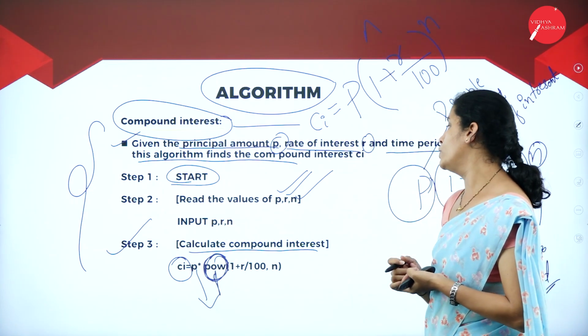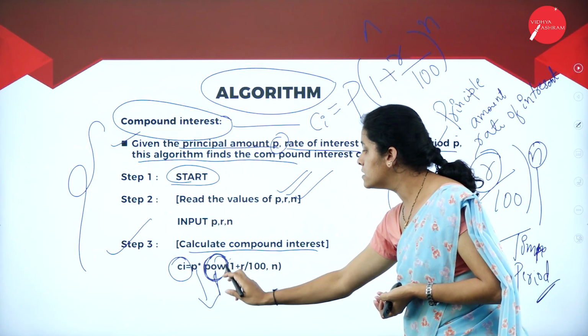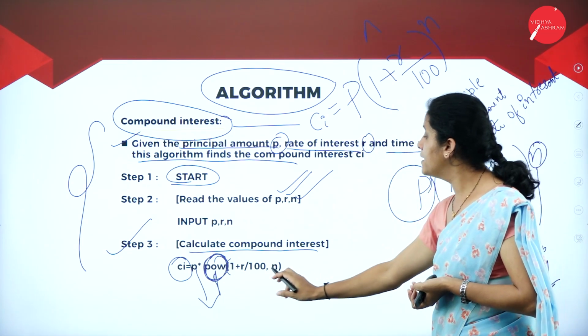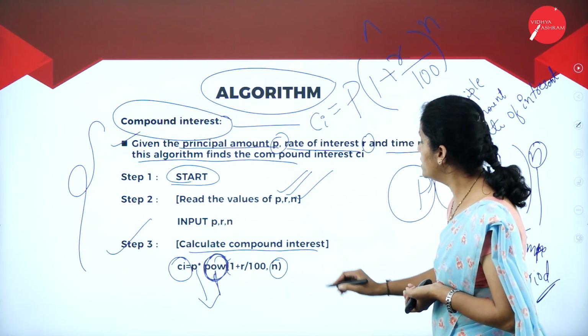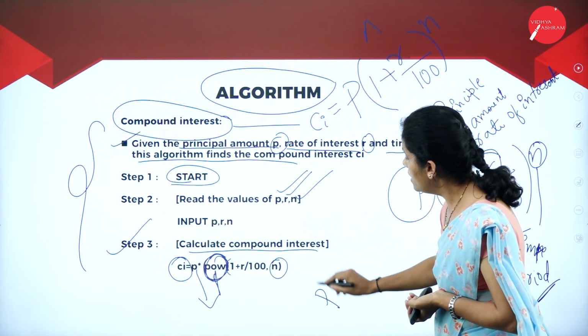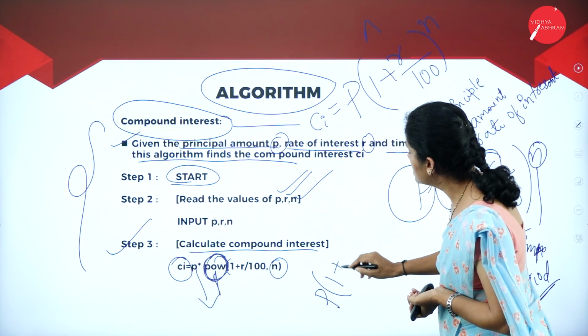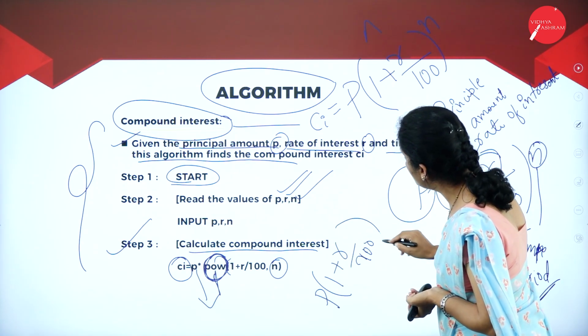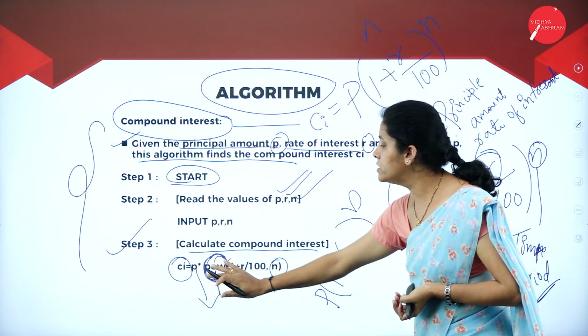What values am I going to pass here? I'm going to pass 1 plus R divided by 100, n. So instead of writing P of 1 plus R divided by 100 to the power n, I'm going to use this formula.